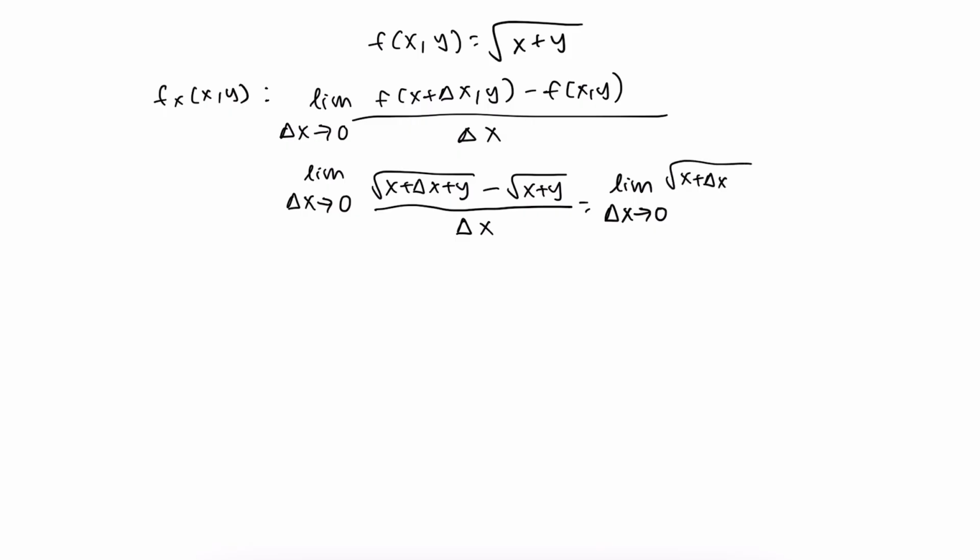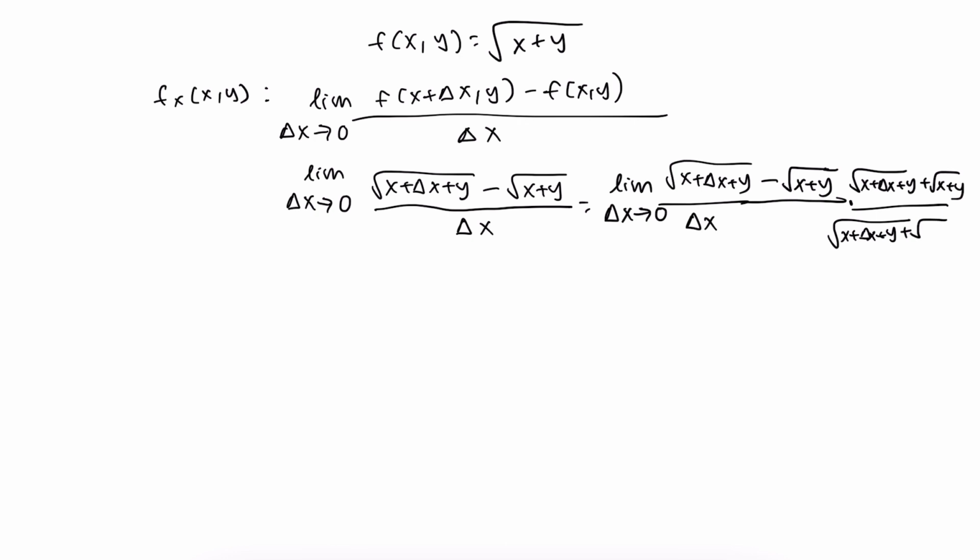So remember, if you're subtracting, you would do the conjugate and multiply by adding the two terms. So in this case, it would be root x plus delta x plus y plus root x plus y.